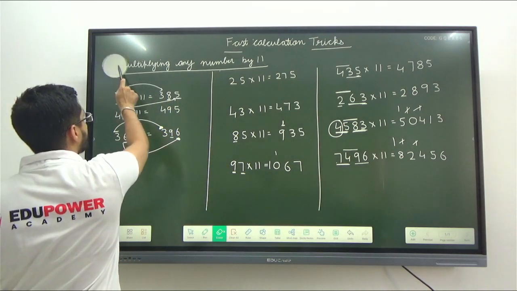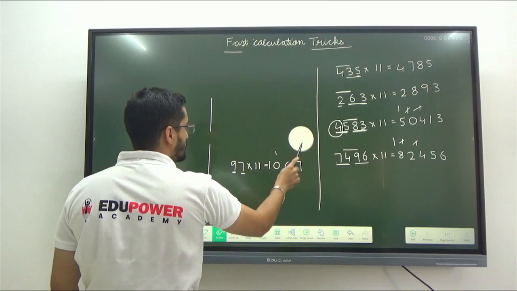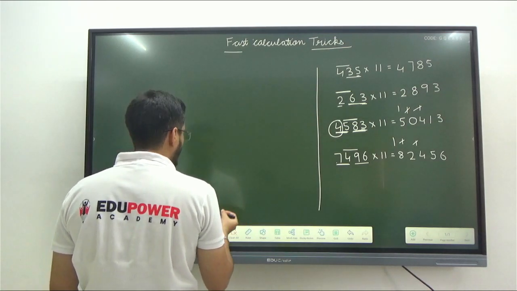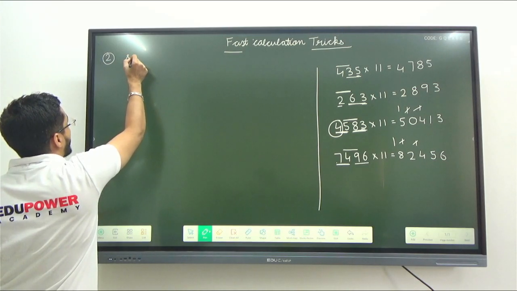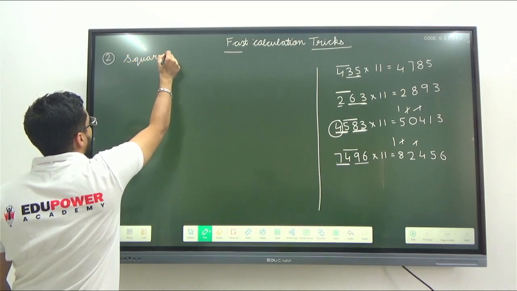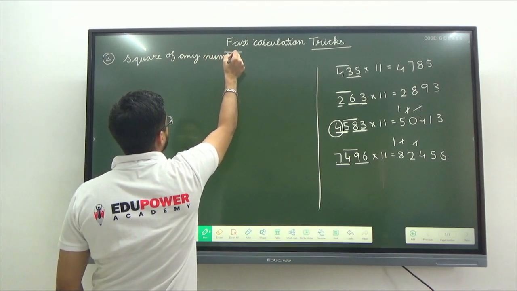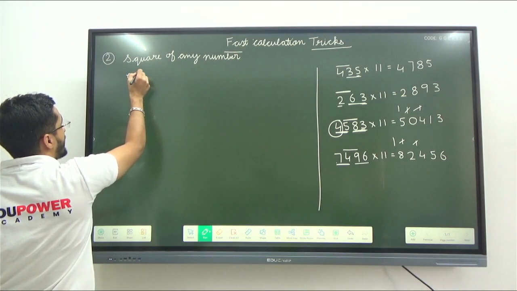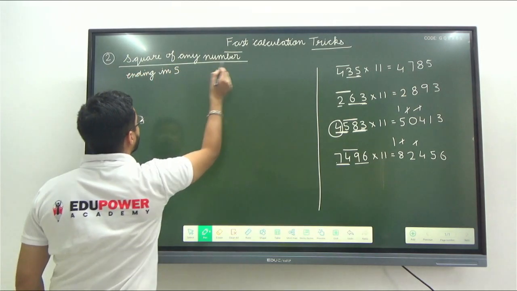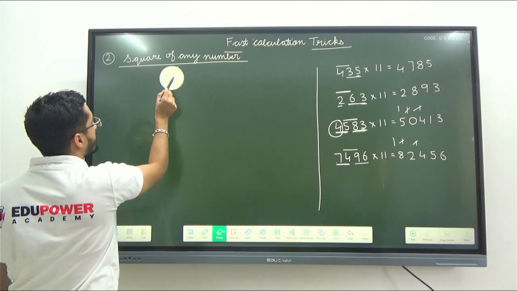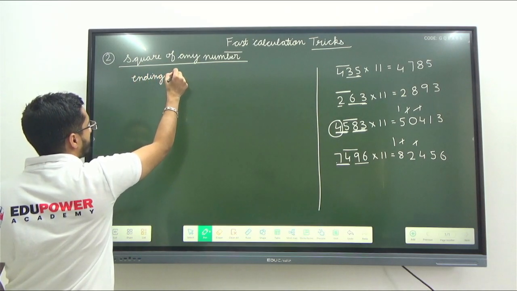Trick number 2 is finding the square of any number which ends in 5.